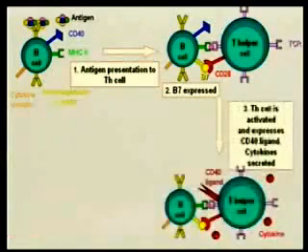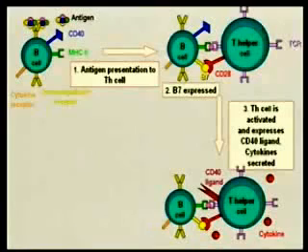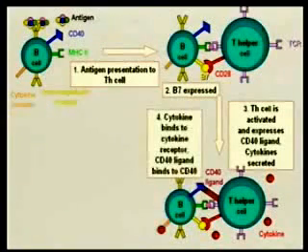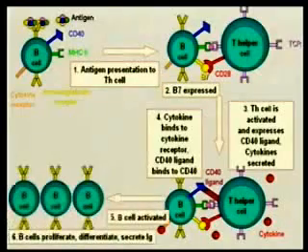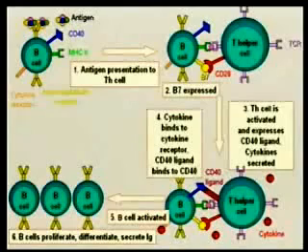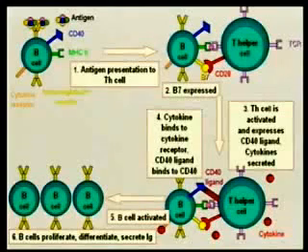This activated T cell then produces cytokines as well as CD40 ligand. CD40 ligand binds to CD40 in the B cell. The combination of CD40 ligand with the cytokines then leads to full activation of the B cells, and they can then produce the antibodies.